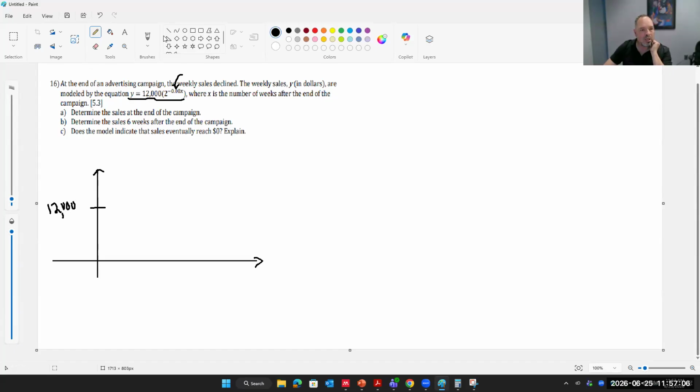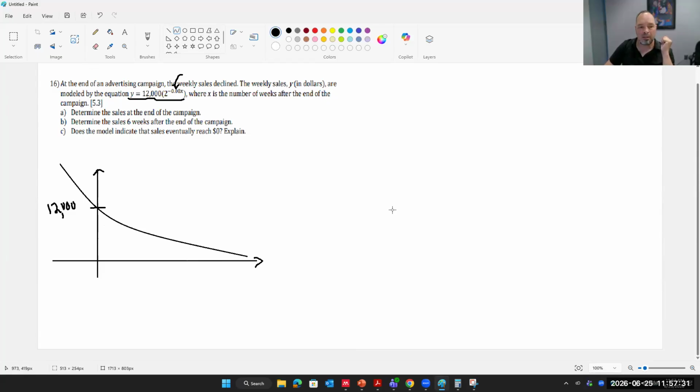The fact that it's starting at 12,000 and the fact that it's an exponential decay, and you may more easily see that it looks something like this, very roughly.